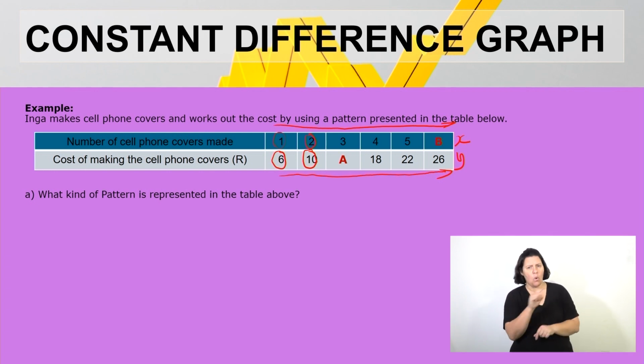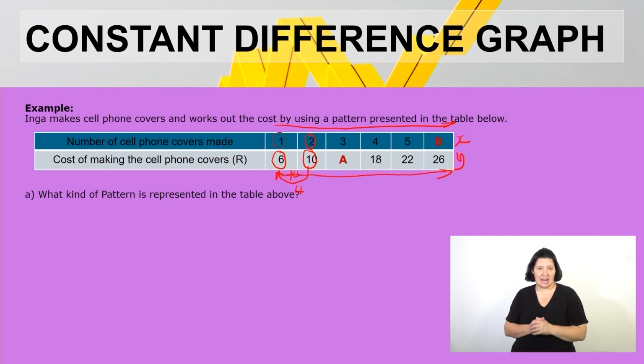What makes it a constant difference? If we say 10 minus 6, we get a difference of 4. Or if we want to move from 6 to 10, we have to add 4 to give us 10. Let's look at these two other values here. If we want to move from 18 rands to 22 rands, we have to add 4 rand also.